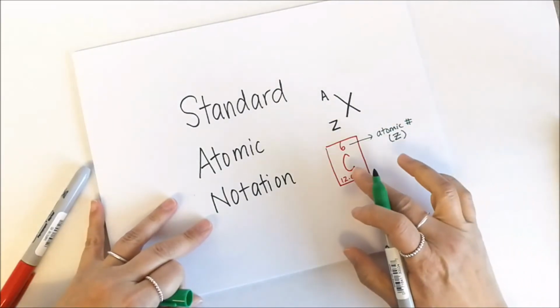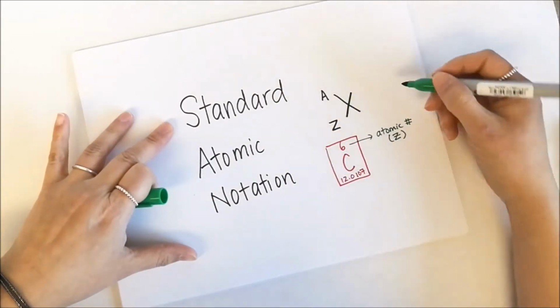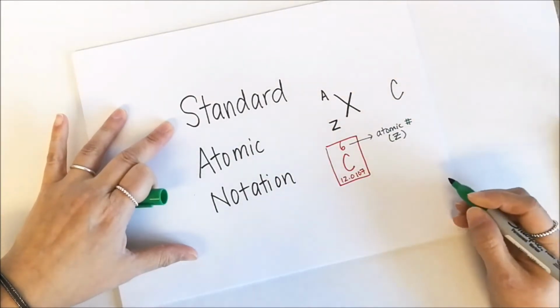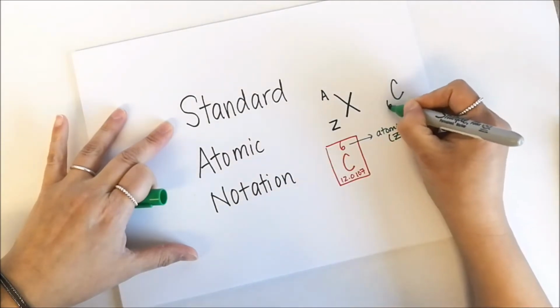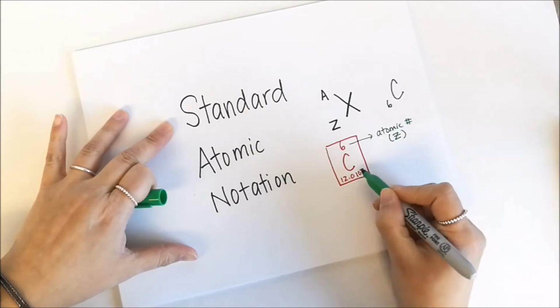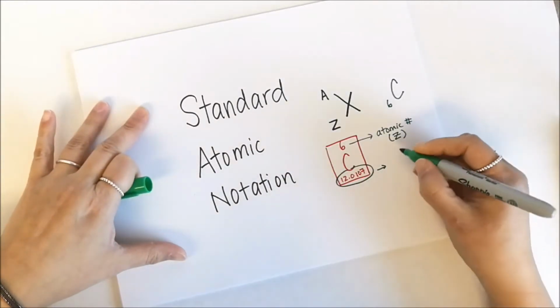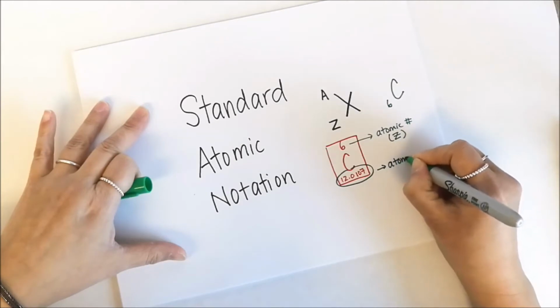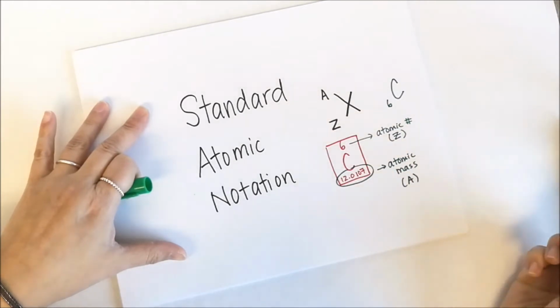So if I were to write this carbon in standard atomic notation following this format, I would write the symbol C. I would put the number 6, which is the atomic number, at the bottom. And then see how this other one, the 12.0107, this is called the atomic mass. They used a symbol of A to represent it.